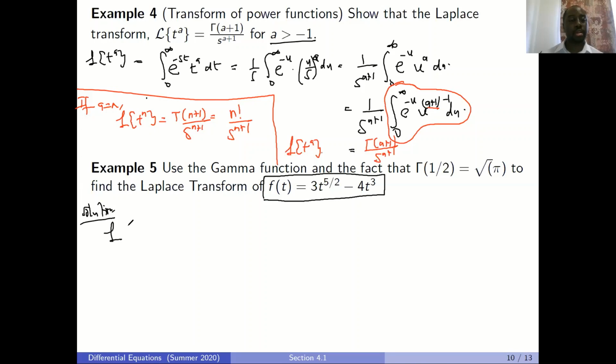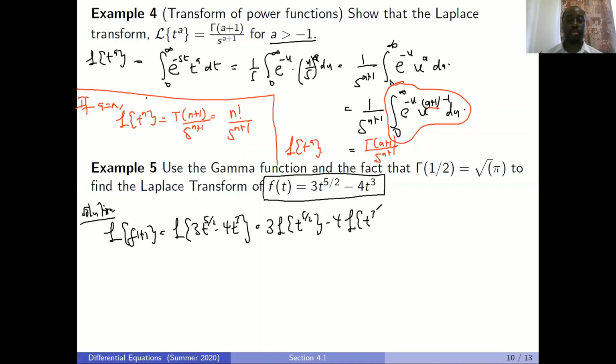All right, so the Laplace transform of f of t, this is the Laplace transform of 3t to the 5 halves minus 4t cubed. Now, if we apply the linearity of the Laplace transform, this is 3, the Laplace transform of t to the 5 halves, minus 4, the Laplace transform of t cubed.